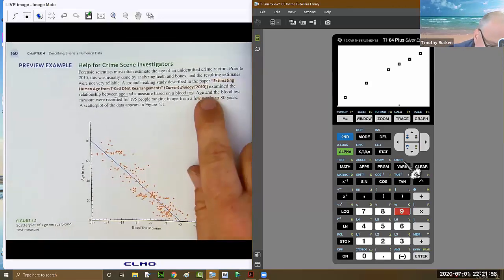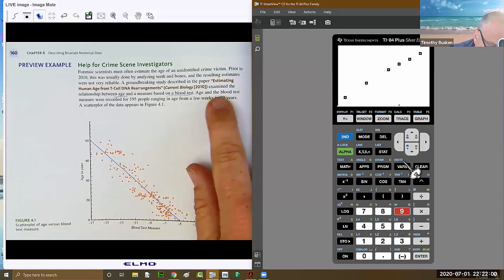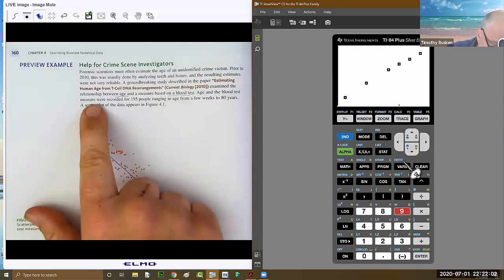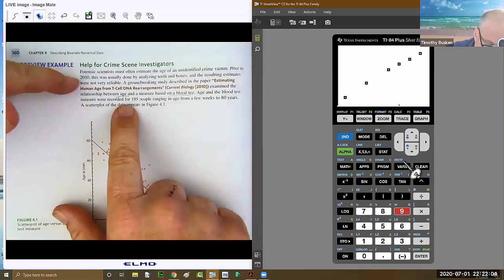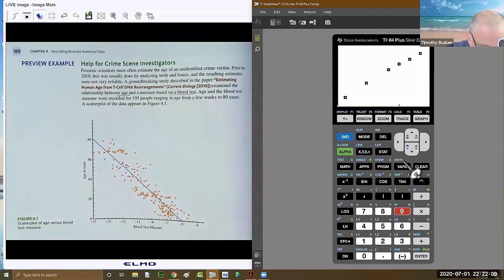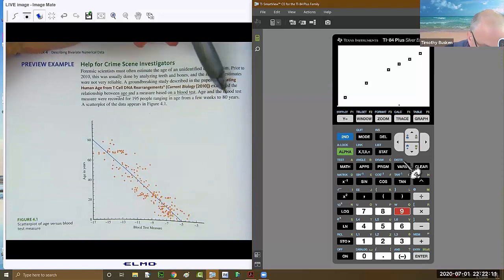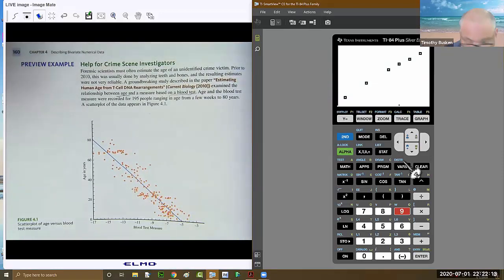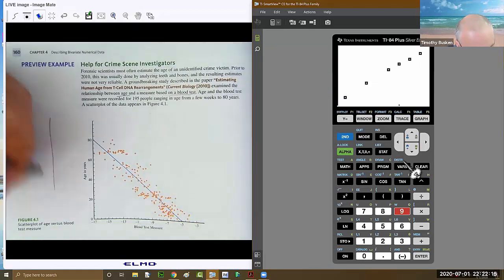So age and the blood test measure were recorded in this study for 195 people, ranging in age from a few weeks to 80 years. And so if you can imagine what your data set looks like, right?